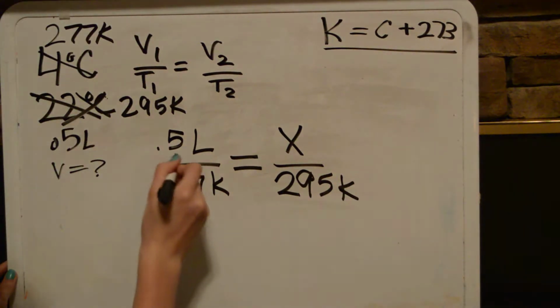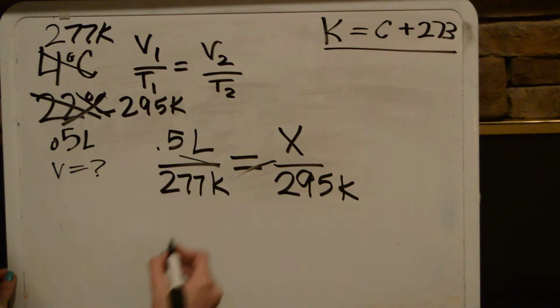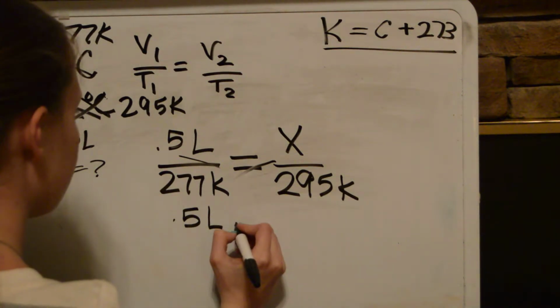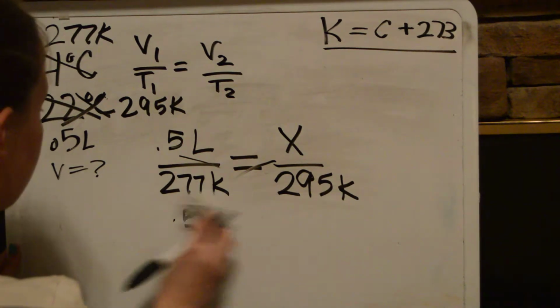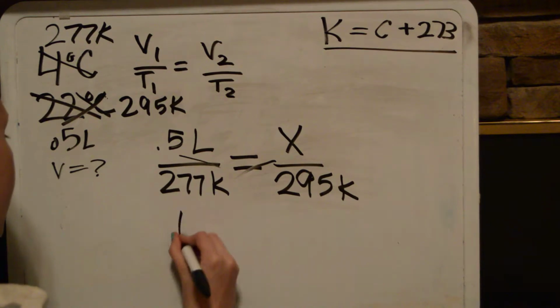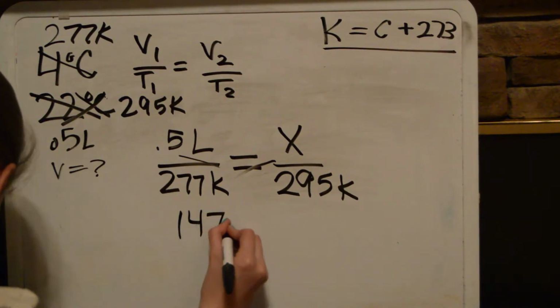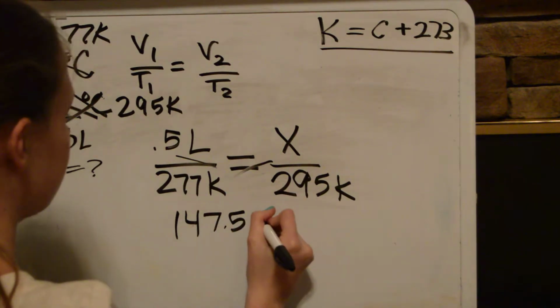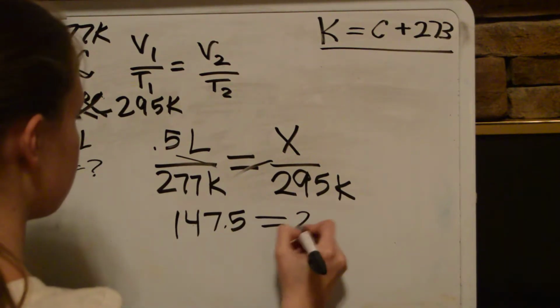Now here, we're going to cross multiply. So it's 0.5 liters times 295. And what's that? 147.5. And 277 times X.